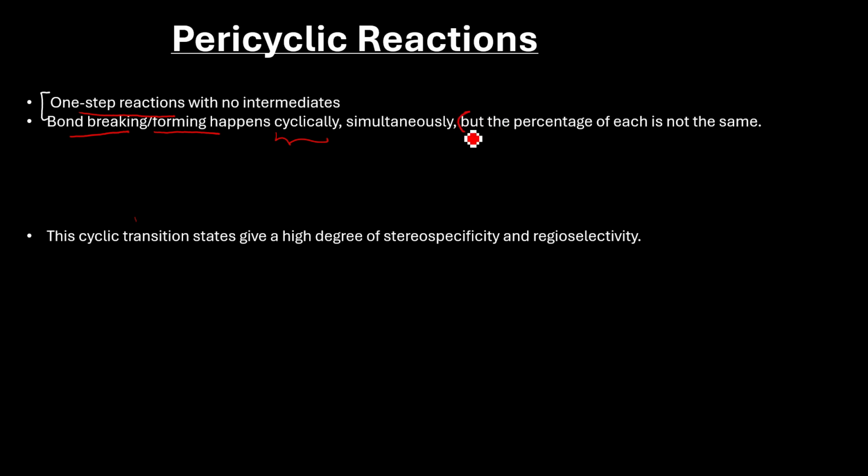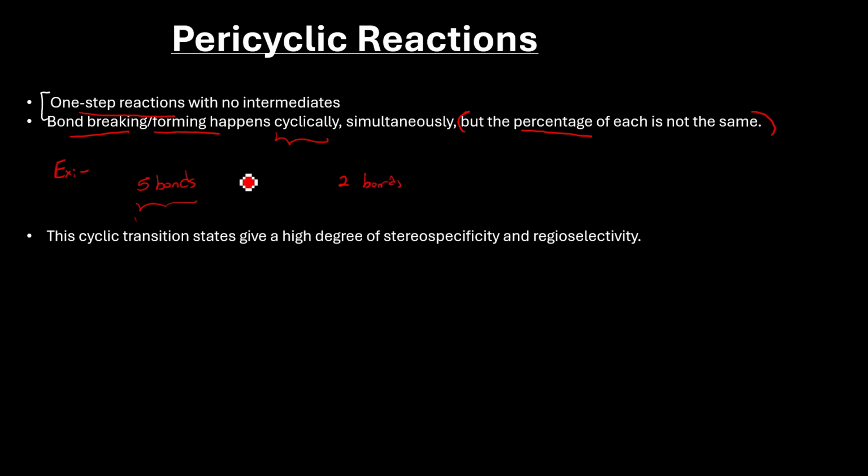There's another very important thing, which is that the percentage of each, the bond breaking and forming, is not the same. If I tell you an example, let's say for a particular reaction, we have 5 bonds that are going to be broken, and 2 bonds that are newly formed.